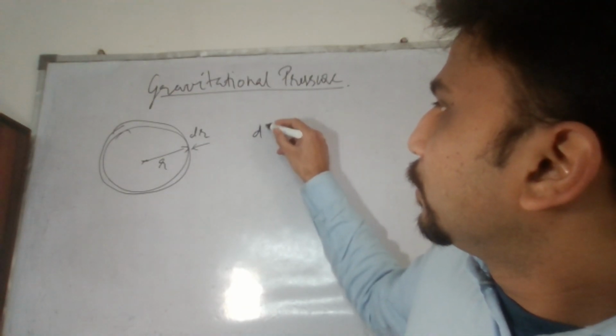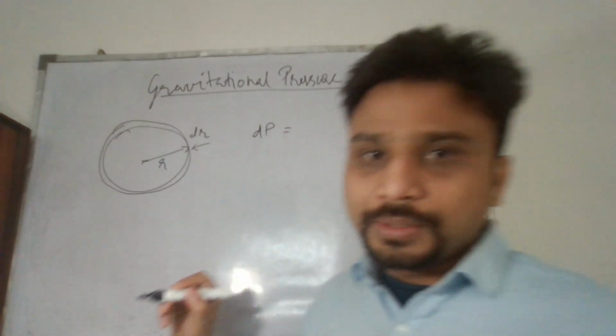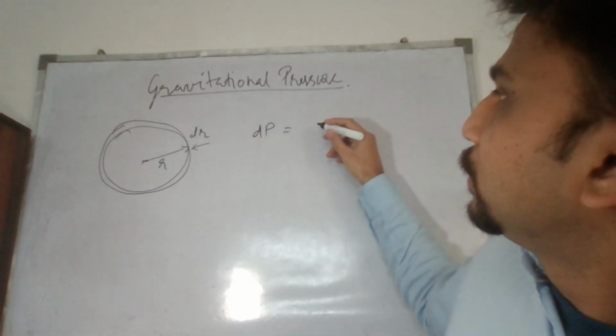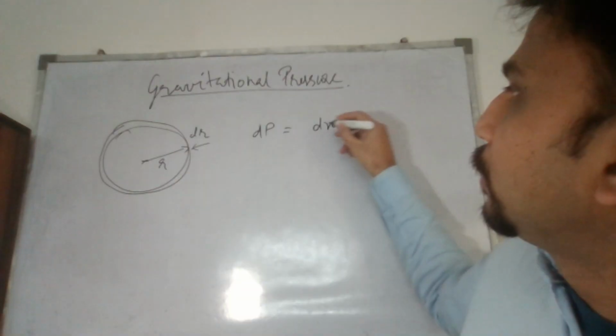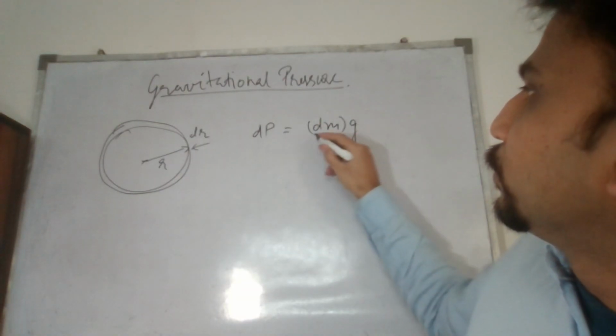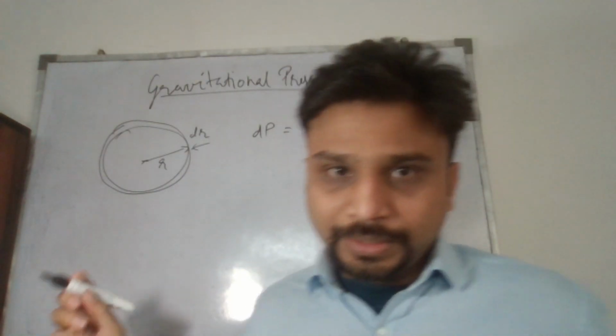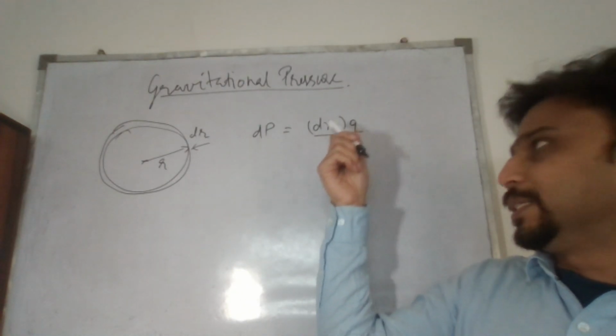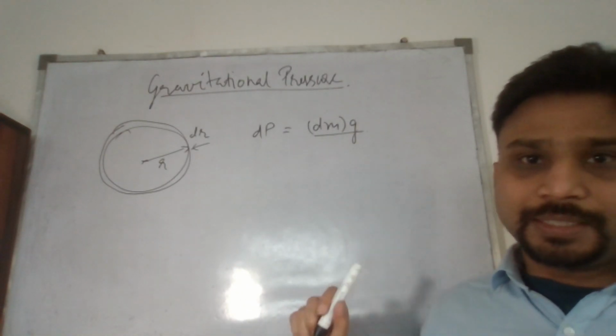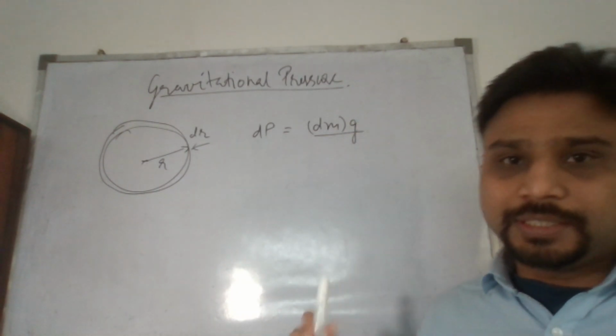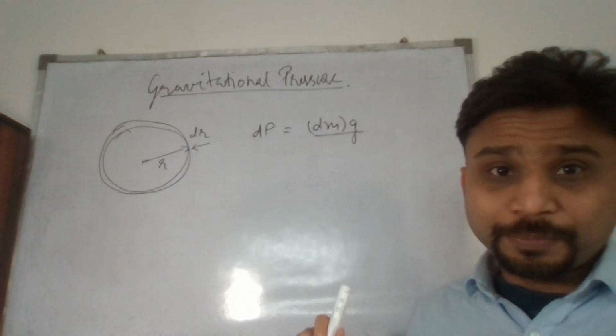So we'll say that pressure is dp. We'll say this mass is dm, and this g is the gravitational force at that point.